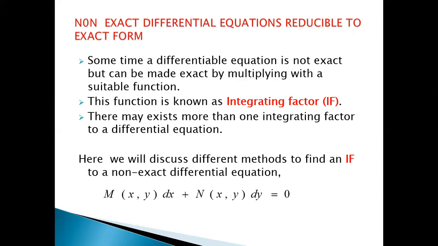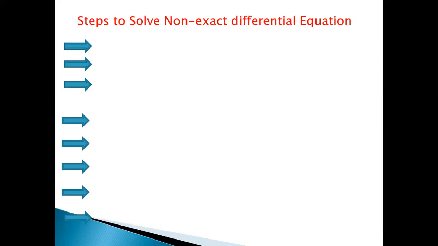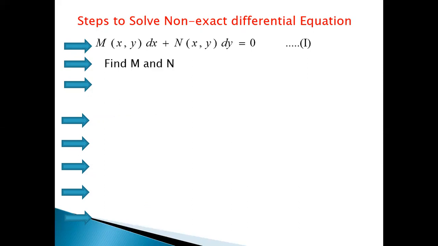So now the steps to solve a non-exact differential equation. First step, suppose we are given a first order and first degree ordinary differential equation. First we have to find M and N. Now find del M by del y and del N by del x.